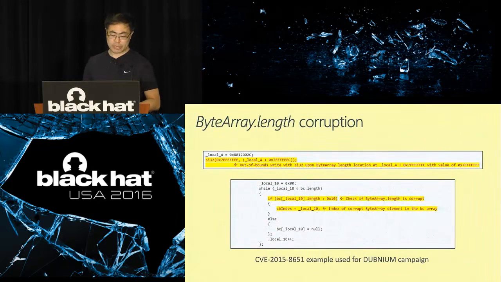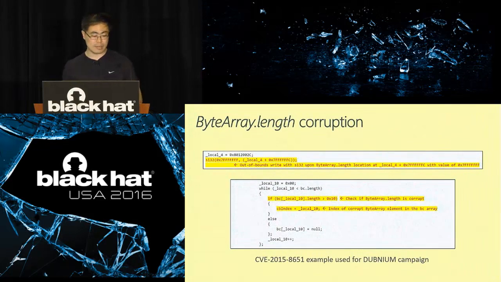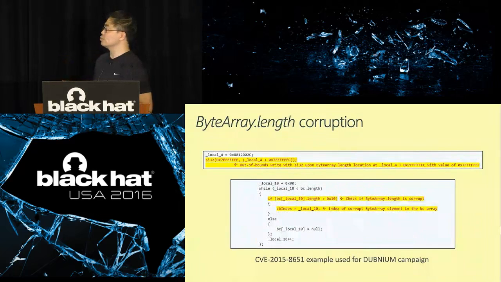In this exploit, the vulnerability is very impactful, because the SI32 is the instruction that can directly access native memory. But in this case, there was some boundary check error, and it could access whatever memory it wanted, right? So it will directly modify the adjacent byte length field memory location to some big number, and after that, it will search for some corrupted byte element, and it will use it as RW primitives.